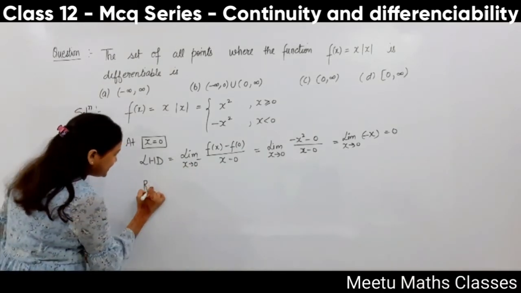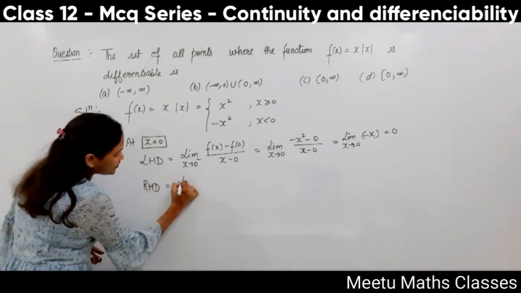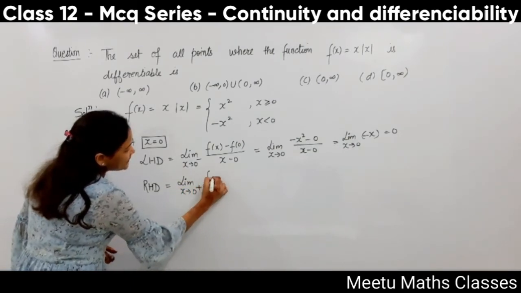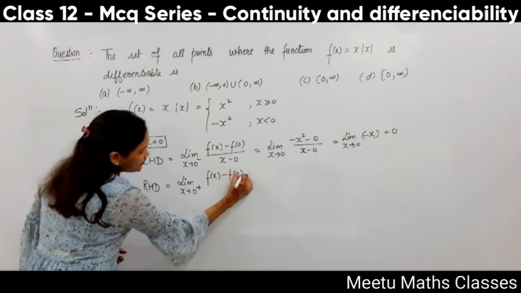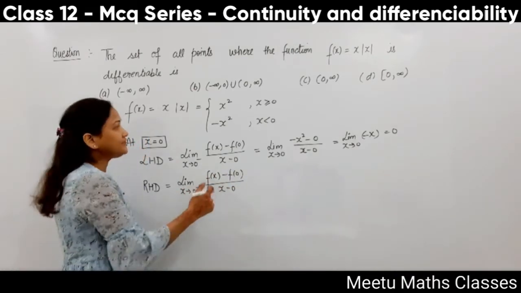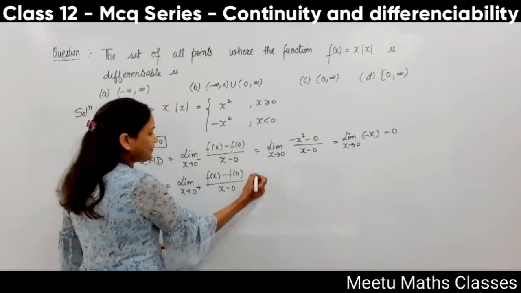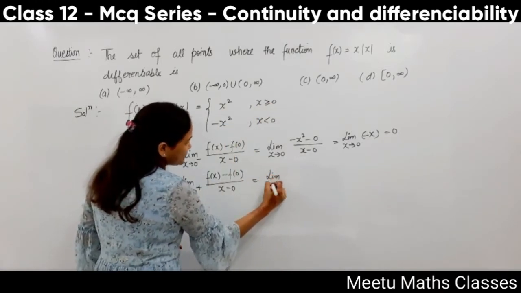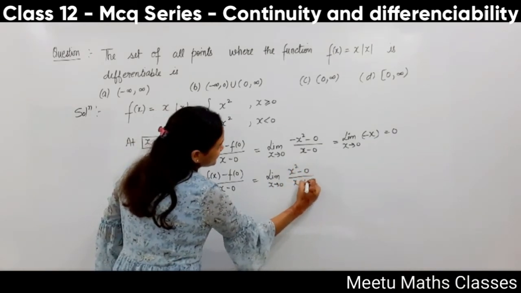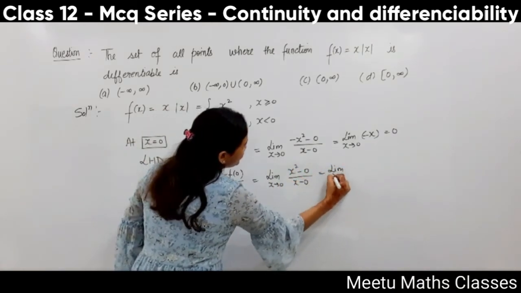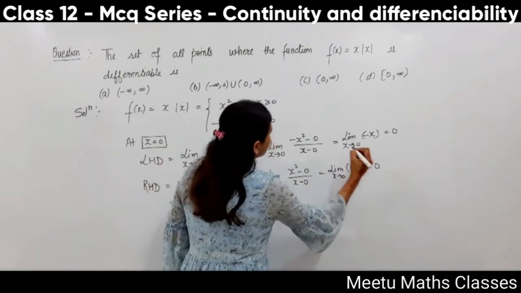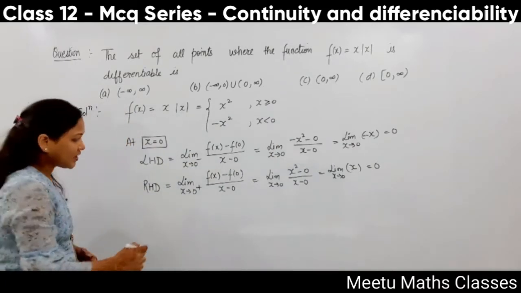Now consider the right hand derivative. So the right hand derivative is limit x tends to 0 plus and the definition is f(x) minus f(0) upon x minus 0. Now to the right of 0, your function definition is x square, and that will be equals to x and the limiting value of x is also 0.